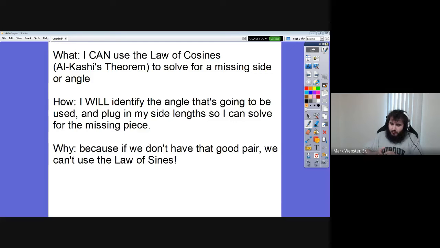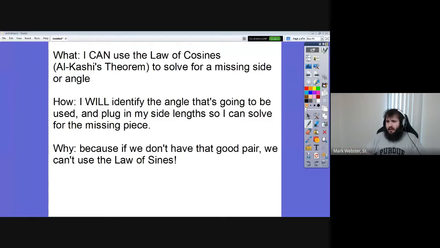This man, when he came up with it, this is before the concept of sine and cosine and tangent. And so more modern mathematicians have taken his work and they've changed it to suit our needs. But make no mistake, this is the person that discovered what we in our textbook call the law of cosines.